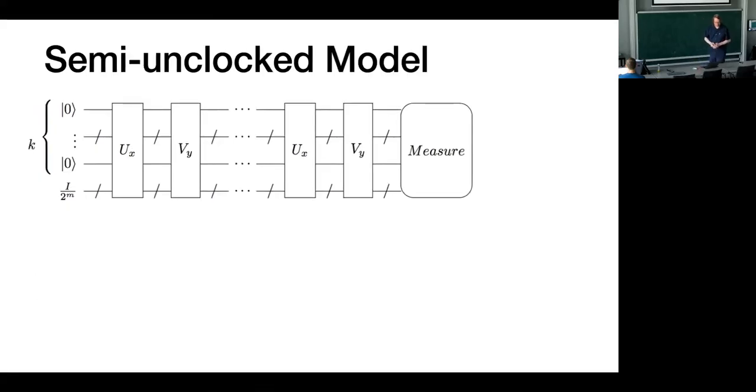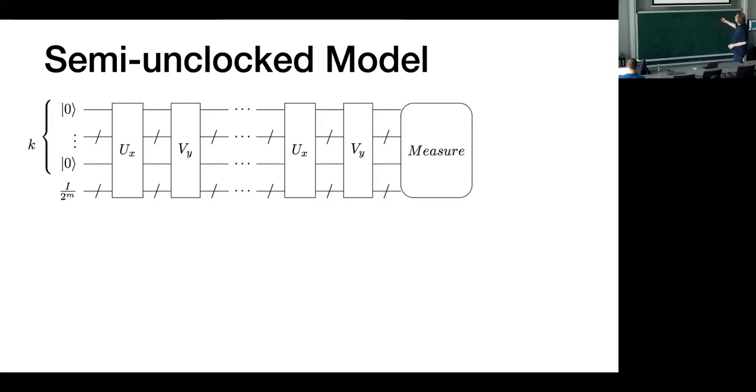So then there's the semi-unclocked model in which basically they have to use the same unitary in every round. This is maybe also adding some confusion because now the unitaries are drawn as going over all of the qubits. Of course, there's always such a unitary, namely Alice applies a unitary to her qubits, and that is tensored with an identity on the qubits that belong to Bob and so on.